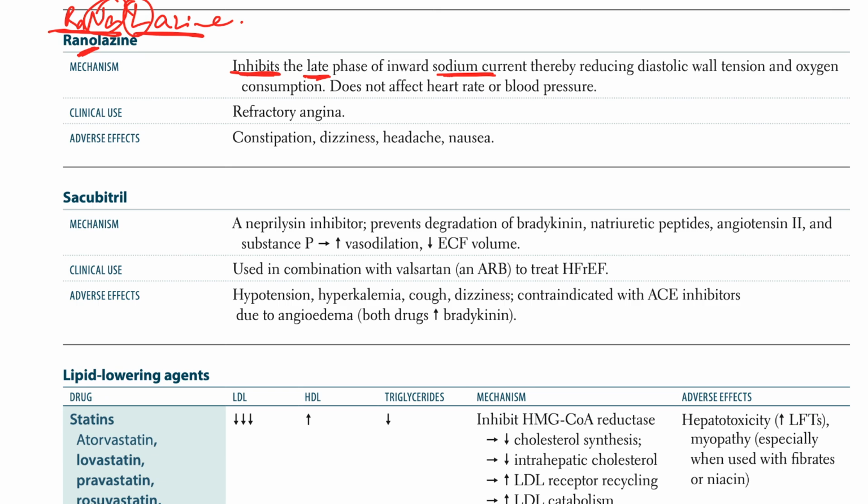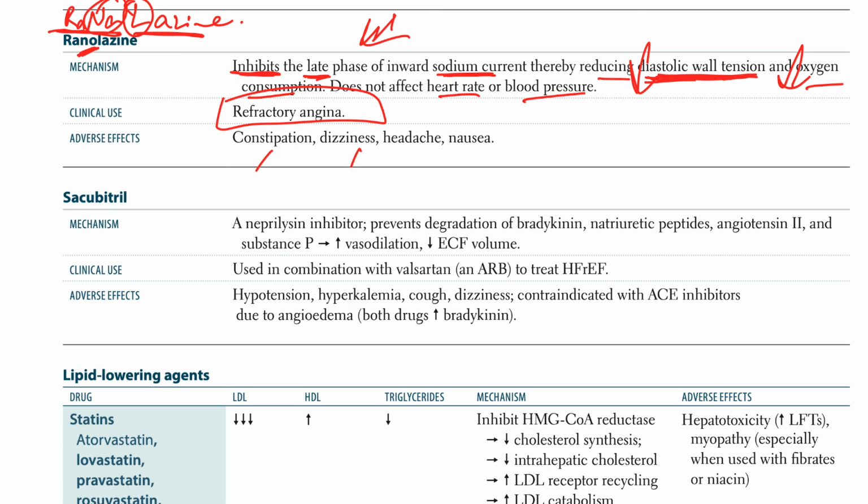So what does it do when you inhibit this late sodium current? It's going to reduce diastolic wall tension and oxygen consumption. When you reduce the wall tension, you are going to decrease the oxygen consumption. Does not affect heart rate or blood pressure. Uses: refractory angina.